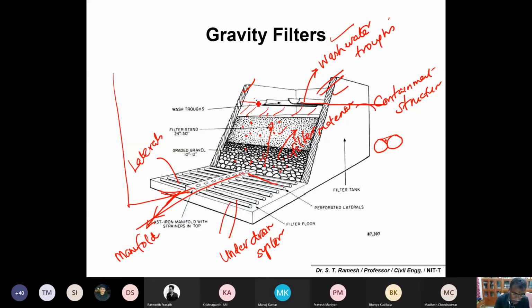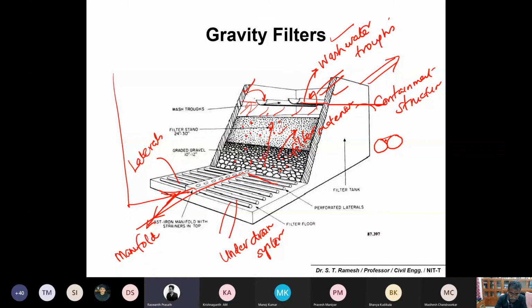It will rise up to here, and this is completely muddy water, and you can collect the muddy water, the solids or flocs. The bed will rise, and you can collect this muddy water through wash water troughs and take it away for further treatment operation. Is it okay?